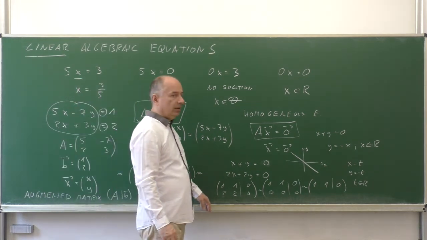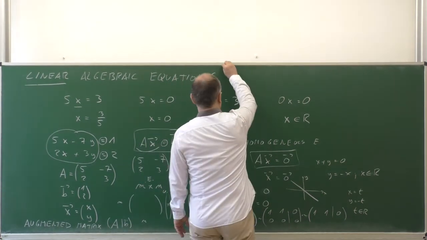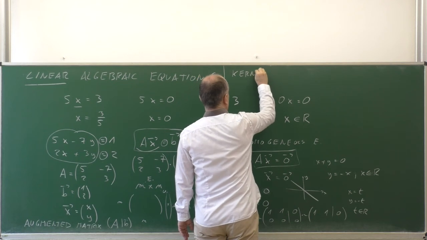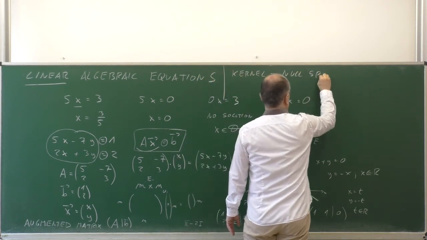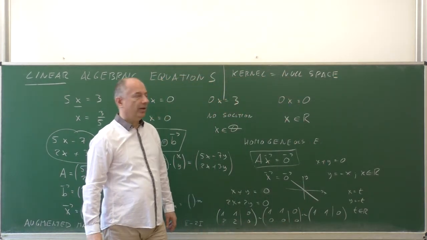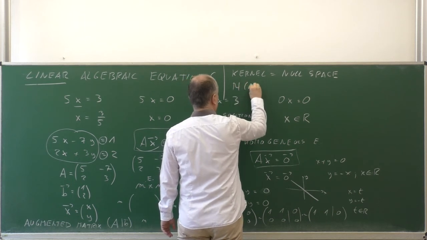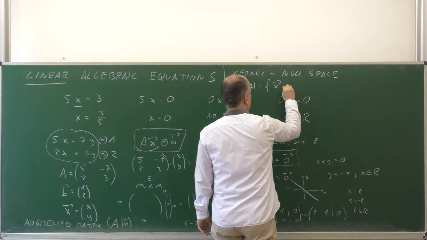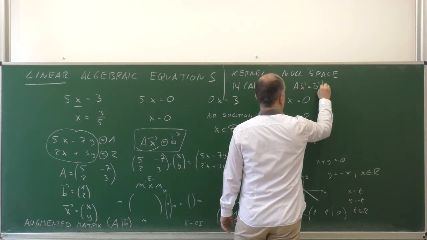This is called the null space, or a kernel of the matrix. Kernel, or null space, of a matrix, denoted by N, is just a set of all the vectors x such that Ax is equal to 0.